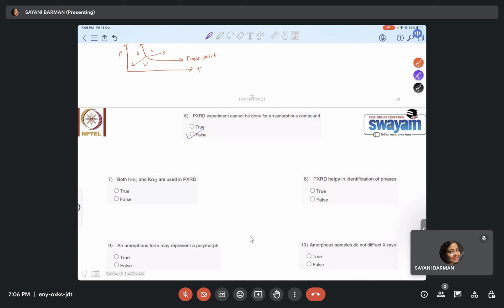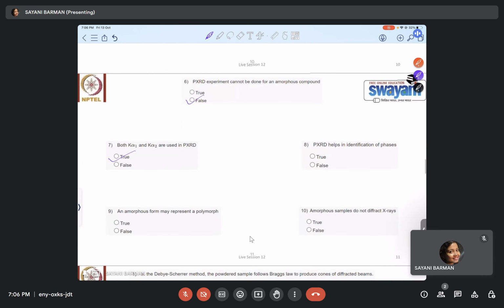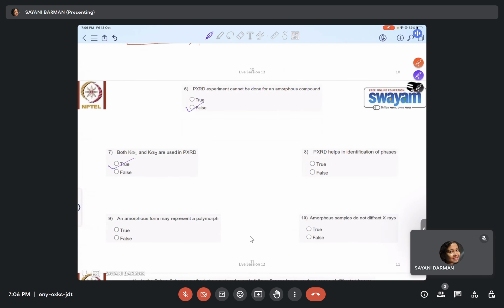The next one is: both K alpha 1 and K alpha 2 are used in PXRD. Yes, we just discussed we will use both of them. Next one is: PXRD helps in identification of phases. Yes, that's what we use PXRD for. Single crystal XRD we use to detect the unit cell parameters, bond angles, bond lengths, etc. But PXRD is for phase identification.